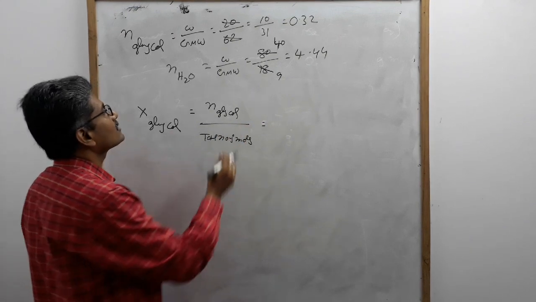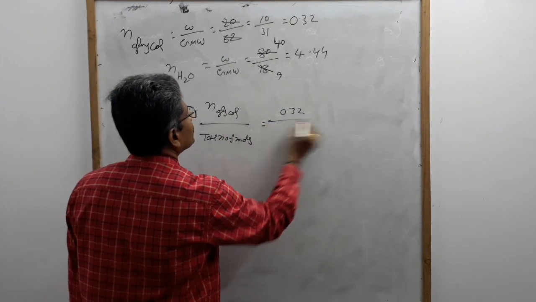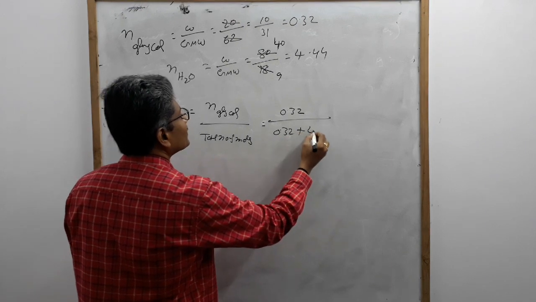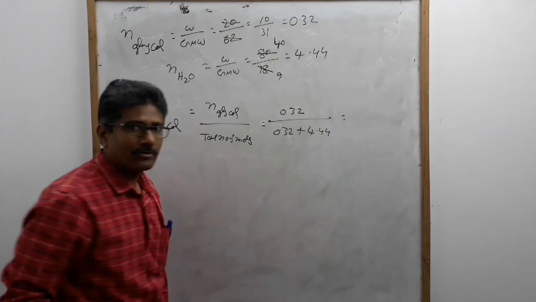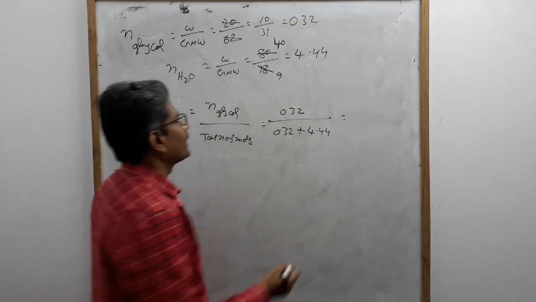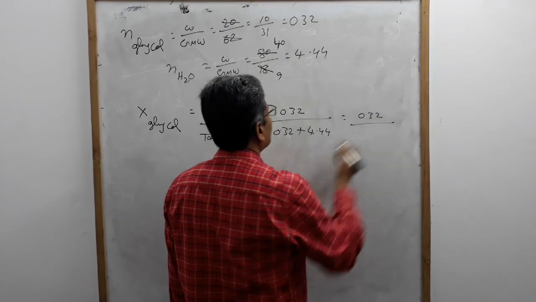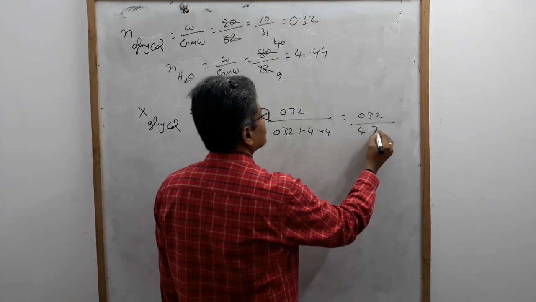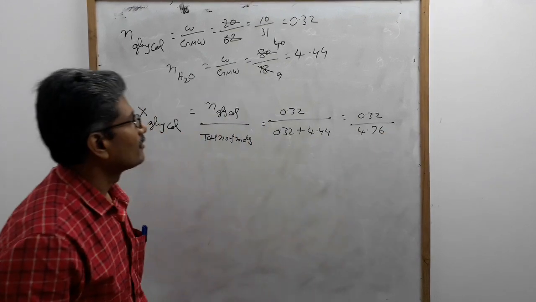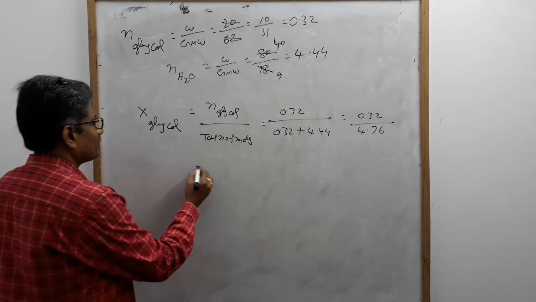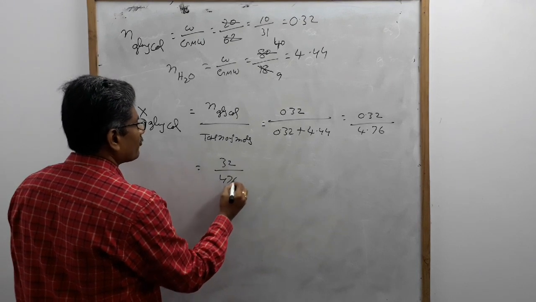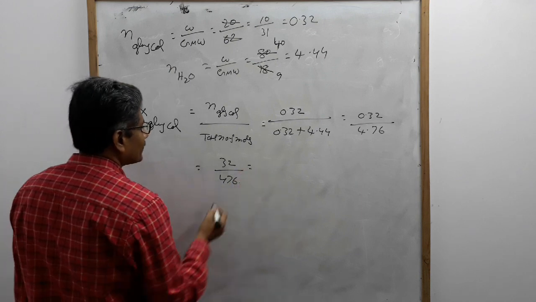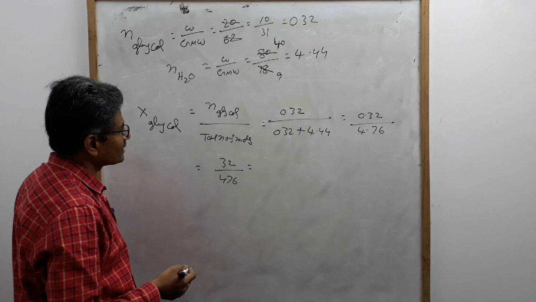That is 0.32 by total number of moles, 0.32 plus 4.44, which is 4.76. Simply we can take 32 by 476, with 2 decimals on the right side.